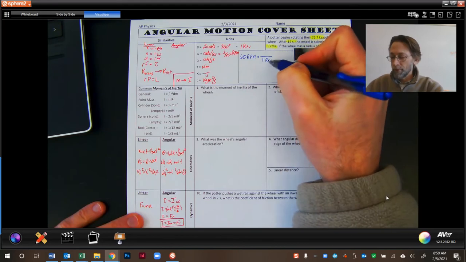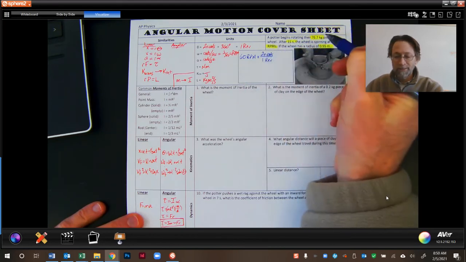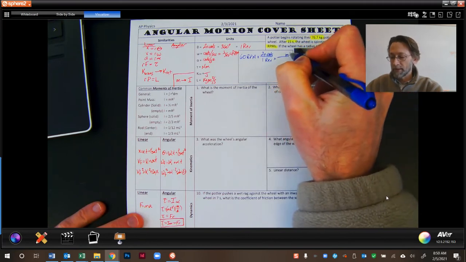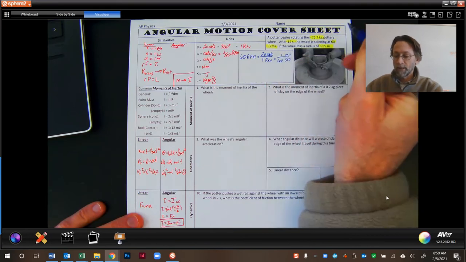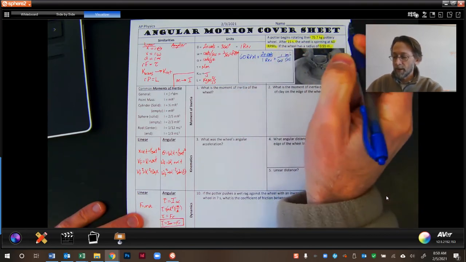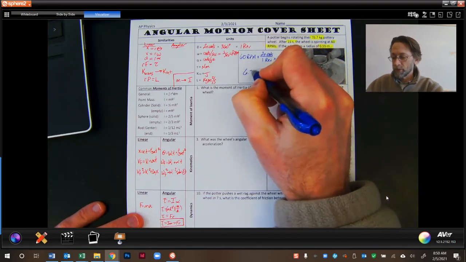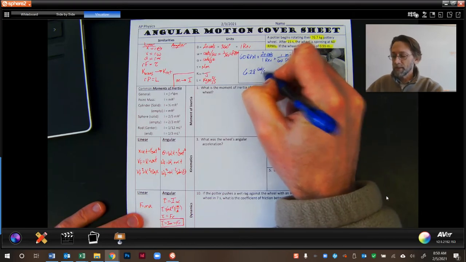Remember that one revolution around is the same as 2 pi radians. Then I want to convert from minutes to seconds, so I get my minutes in the numerator and my seconds in the denominator, with 60 seconds to a minute. Once I convert that, my spinning value is going to be 6.28 radians per second.